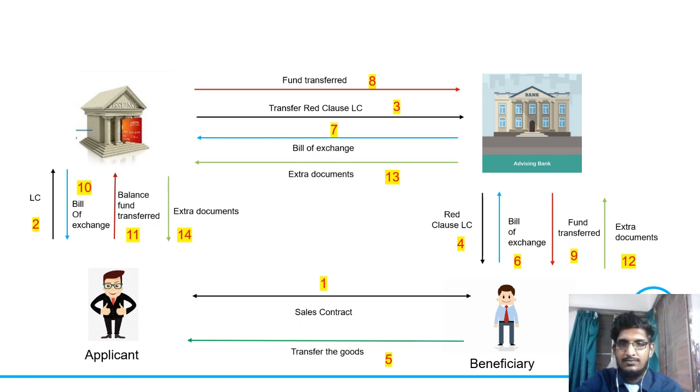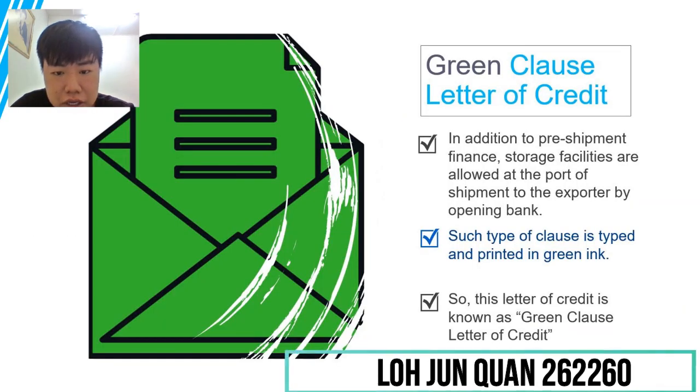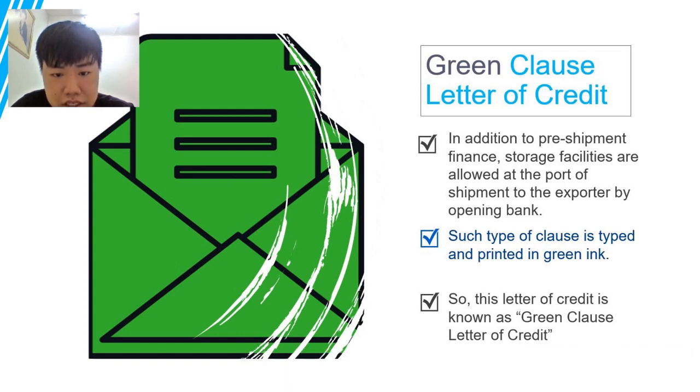Thank you. So now I'm going to continue the discussion with the green clause letter of credit. In general, the green clause letter of credit is similar to the red clause letter of credit as discussed earlier.